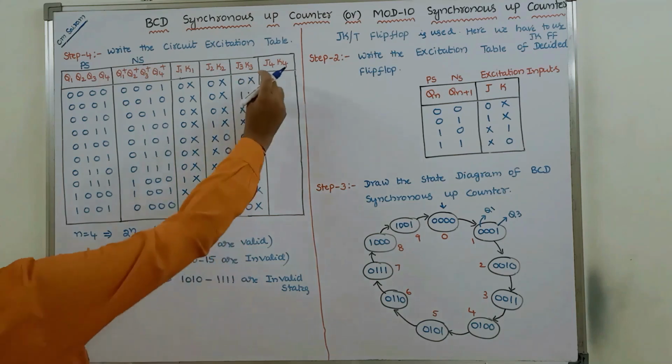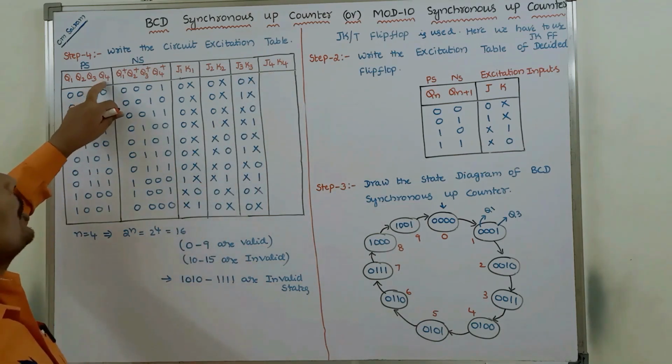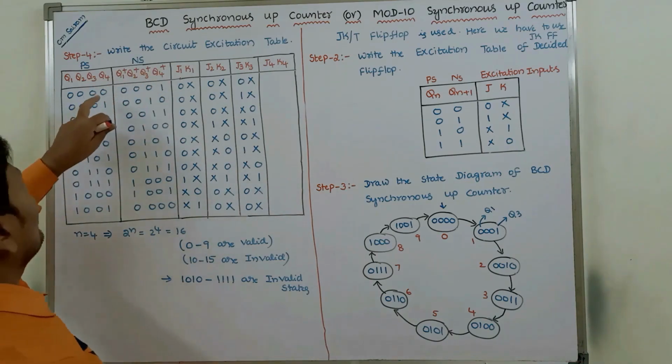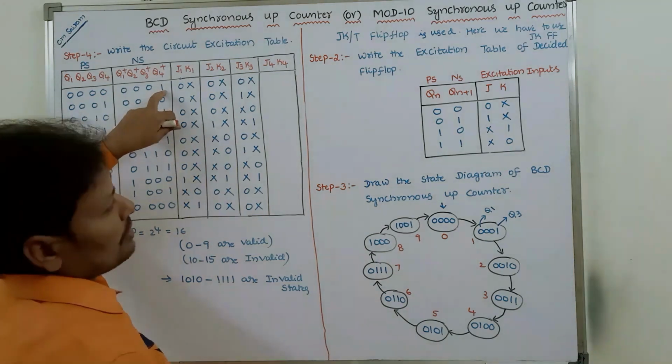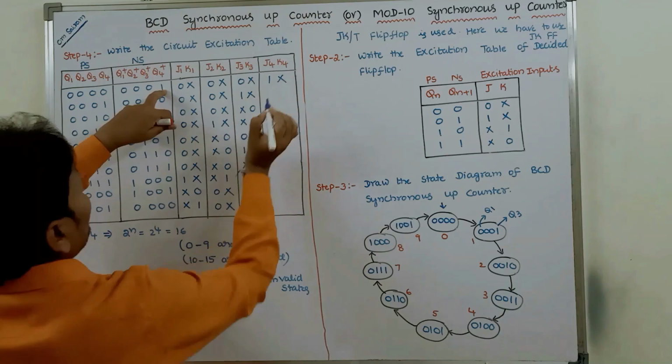Next is filling out the J4, K4 column, for which we have to use Q4 and Q4 plus as inputs. Q4 value 0, Q4 plus value is 1, excitation inputs are 1, don't care.